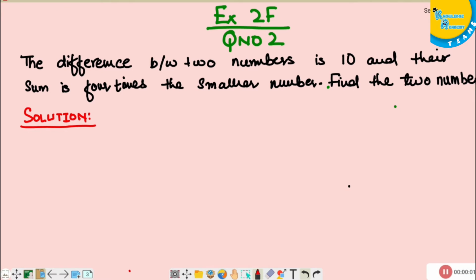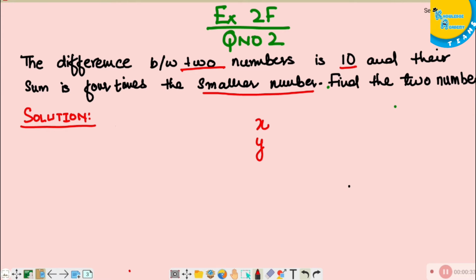Now exercise 2F, question number 2. The difference between two numbers is 10 and their sum is 4 times the smaller number. Find the two numbers. It is clear that among our two variables, x and y, one variable is going to be smaller and the other one is going to be bigger.